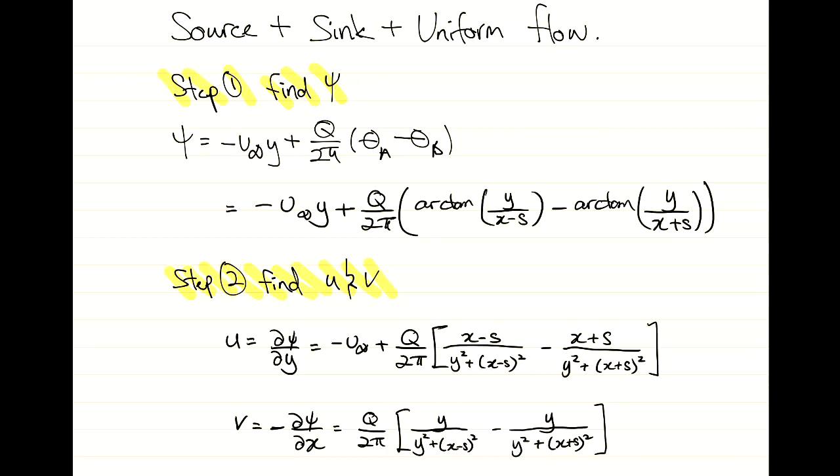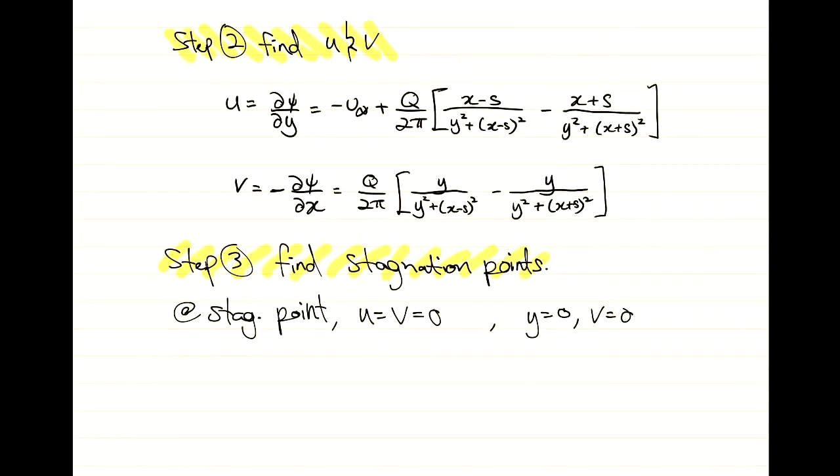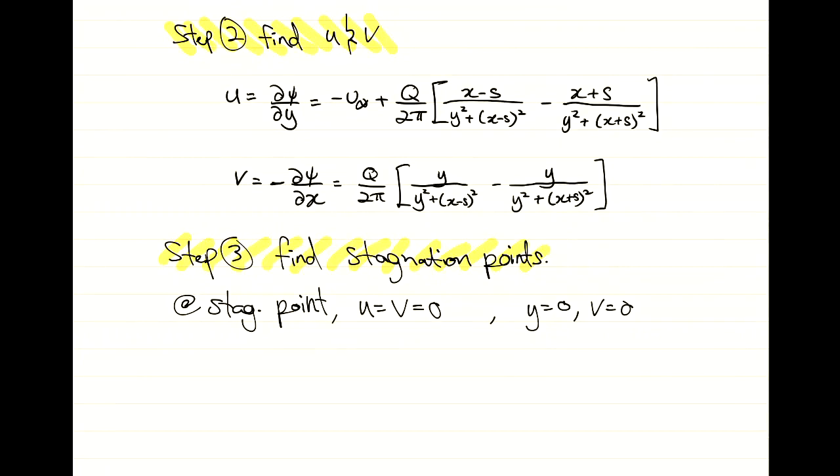Now, the next step, the third step, is to find my stagnation points. So now you can see my velocities u and v.